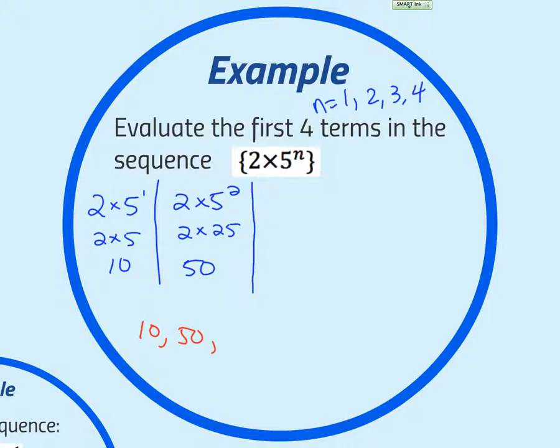Find the third and fourth terms. All right, what do we get for the third term? Good deal. What about the fourth term?